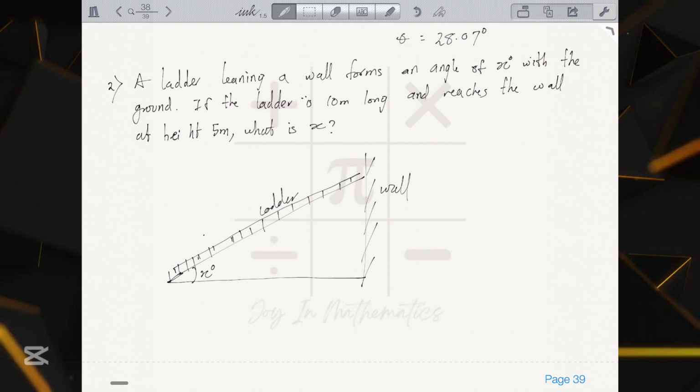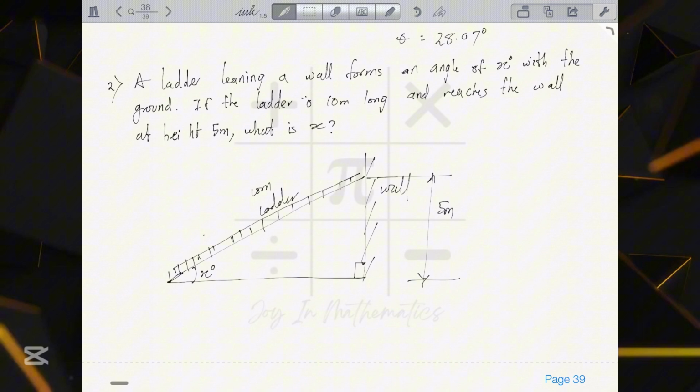Now the ladder is 10 meters long, and it reaches the wall at a height of, so we're saying that from here to here is 5 meters. And what is the angle x? Of course, if it's a perpendicular wall, we'll have 90 degrees.